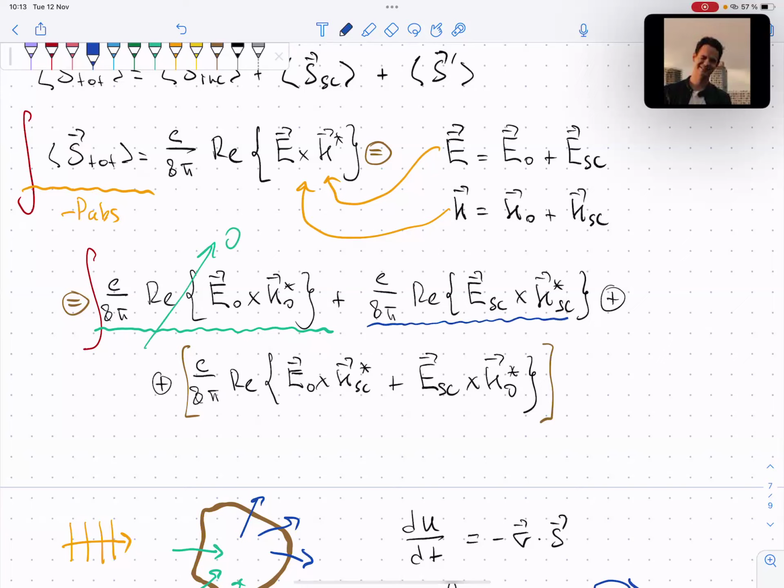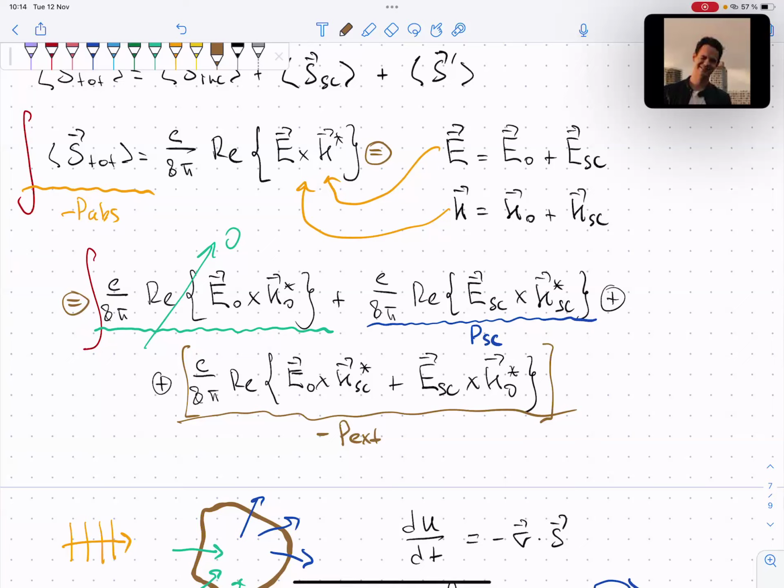This term will give us just the power which was scattered by our particle, and we have something strange here, which is called the so-called extinction power.